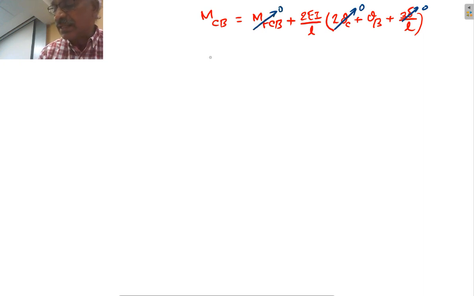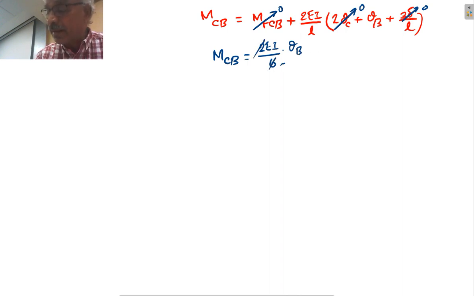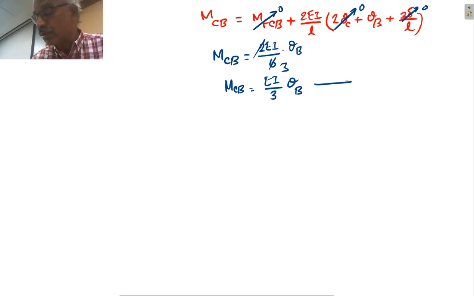Therefore MCB equals 2 EI by L, with L equal to 6 meters, into theta B. Or you can simplify this 1 by 3. So MCB equals EI by 3 into theta B. So this is our equation number 4.